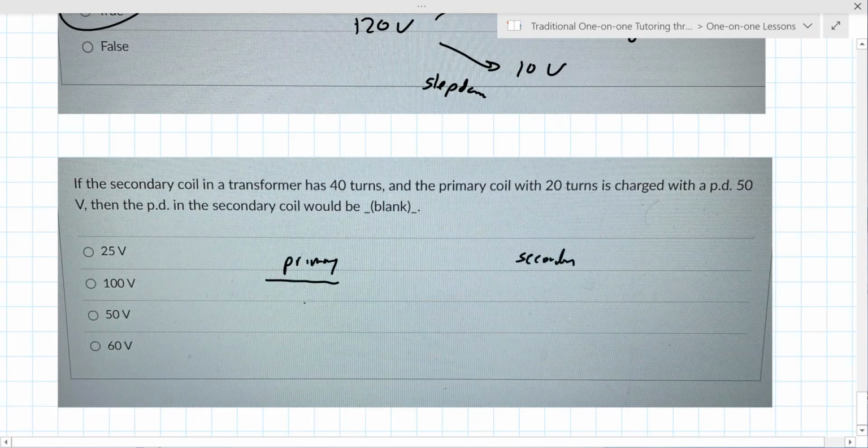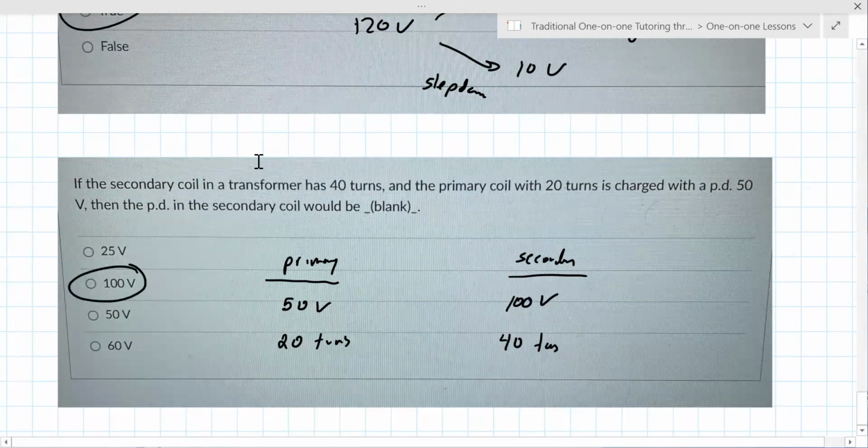The primary has 50 volts and 20 turns. The secondary has 40 turns. So more turns, more voltage. Double the turns, double the voltage. And that's consistent with what we said in a previous problem: more turns, more voltage.